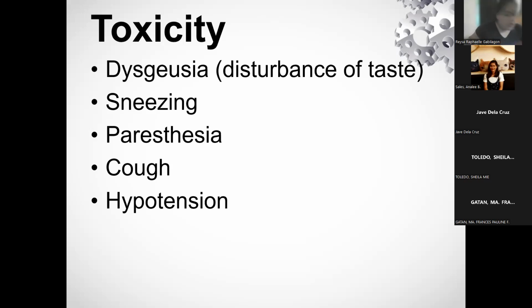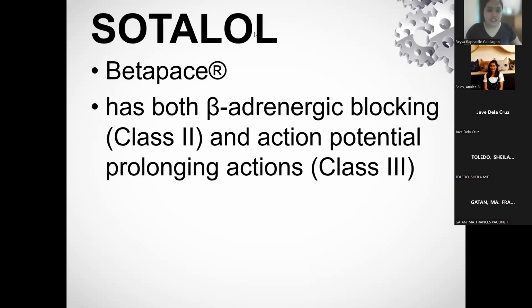Then there will be sneezing, paresthesia. Paresthesia is a tingling sensation in the periphery, and then cough and hypotension. So that is again because of the multi-channel blockade activity of the drug.